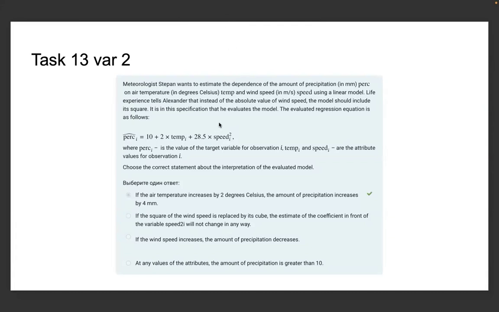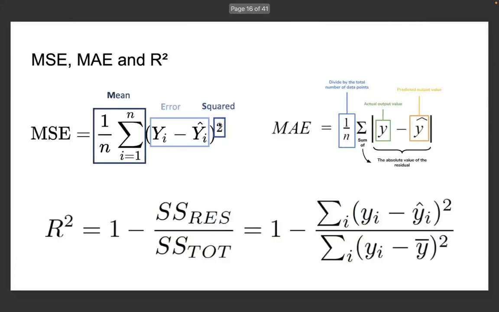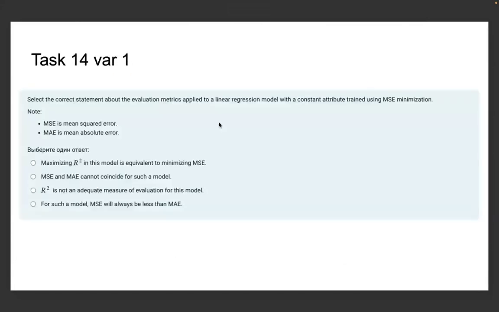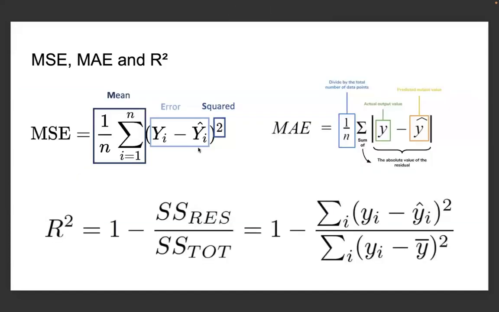Okay, let's move to the 14th task, and I am going to show you the task. Here we have MSE, MAE, and in the task we have R square. So let's revise what MSE and MAE are. MSE is mean squared error.